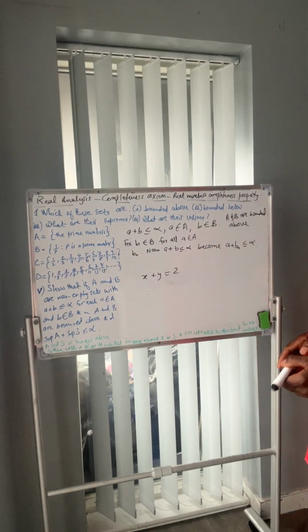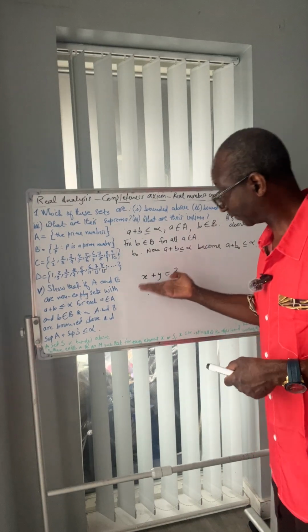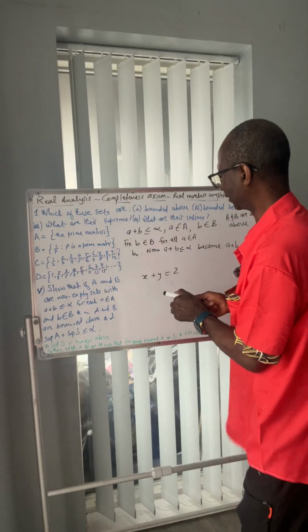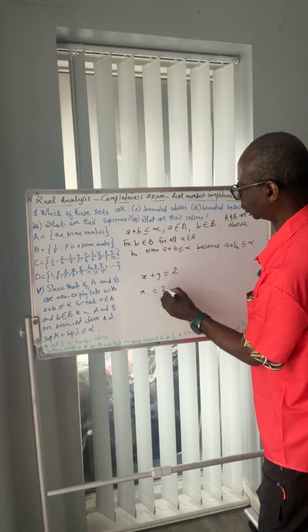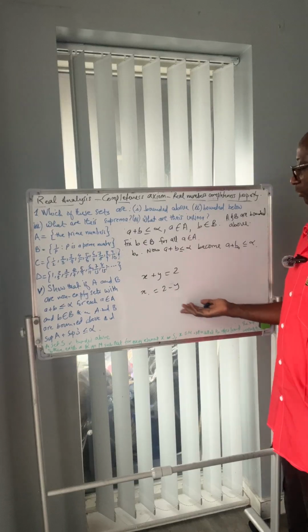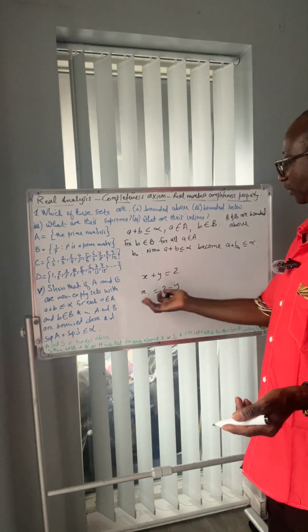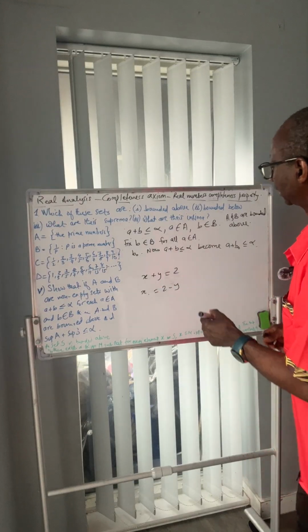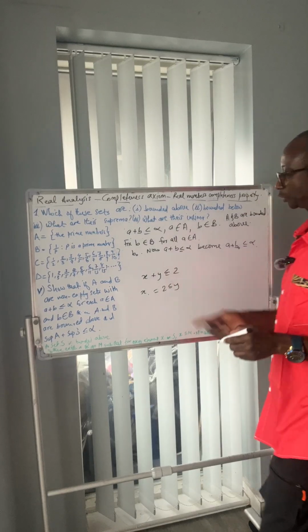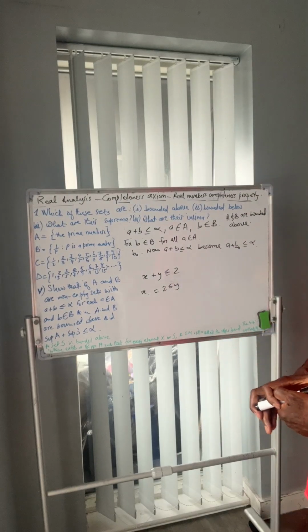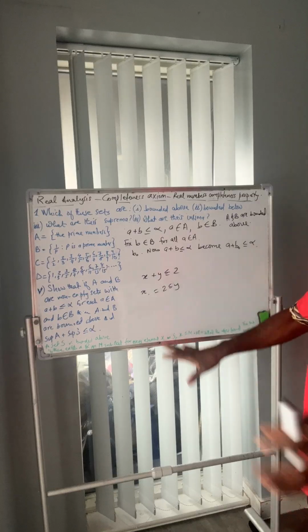How can you find the value of x? You can get x equals 2 minus y, but still, this is still a variable. That's the situation we have there. We don't want this. We are not going to arrive anywhere.